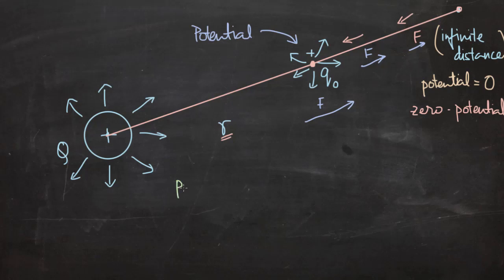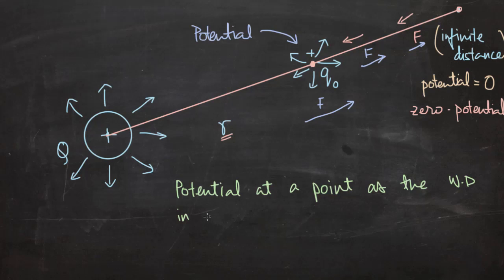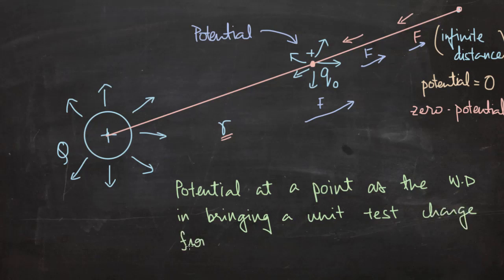We can now define potential at a point as the work done, I'm writing as WD, work done in bringing a unit test charge from infinity to that point.